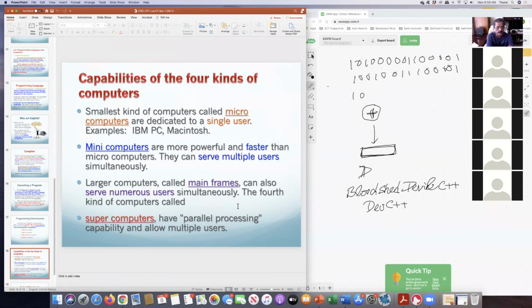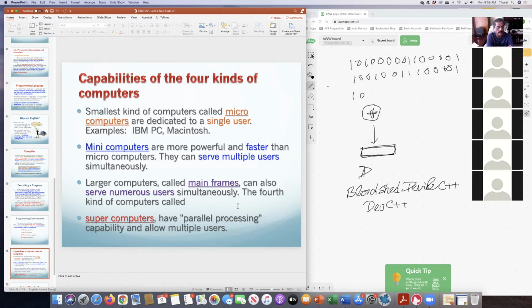That's what the supercomputers are capable of. And also, they are designed to produce results that are very accurate. The numbers will be accurate to 30 decimal digits and things like that. So extreme accuracy, if you need that, then you need a supercomputer.